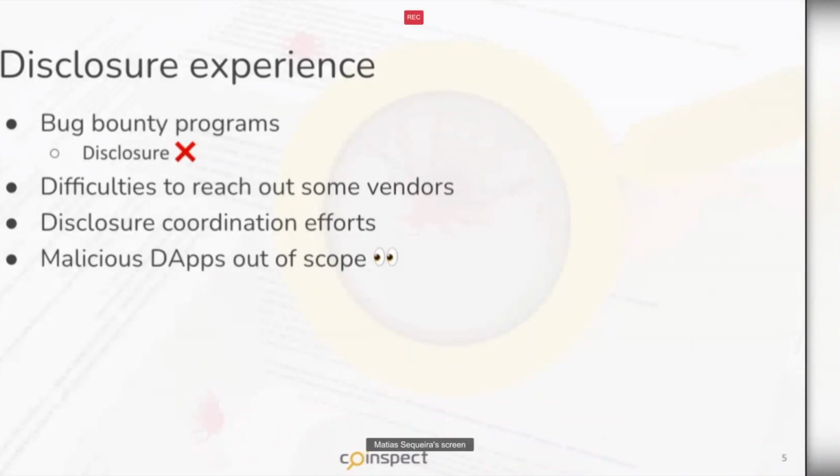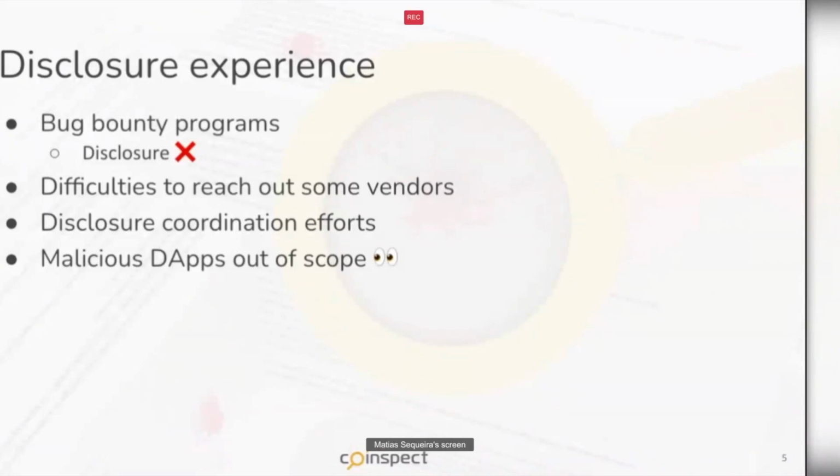Once you report it, they say, "Hey, I don't want this bug to be disclosed." But the thing is that we found that bug in like 39 more other wallets, which is difficult for us.